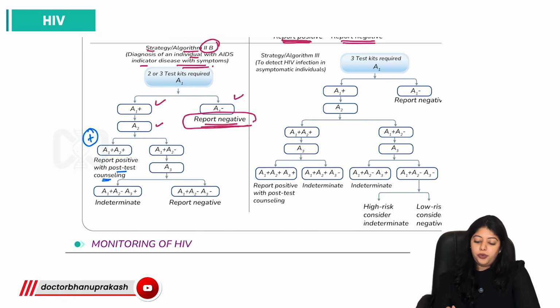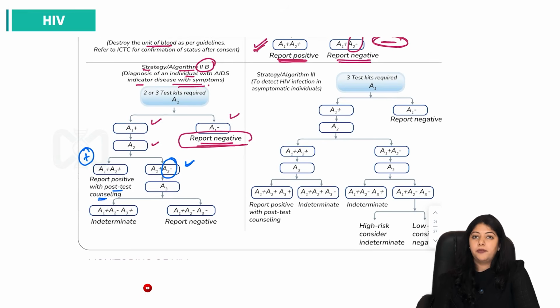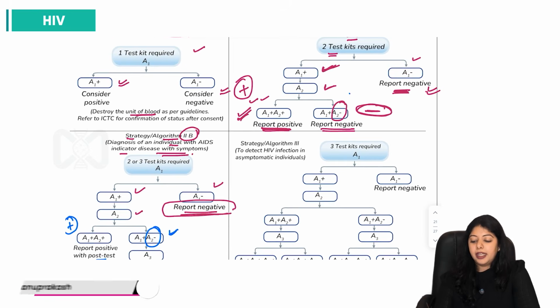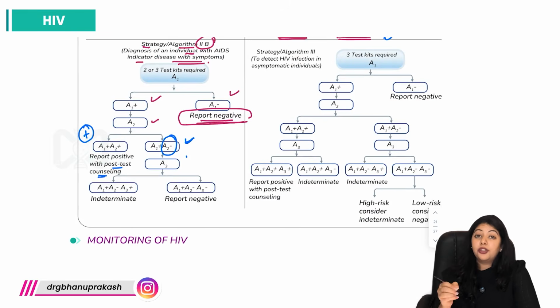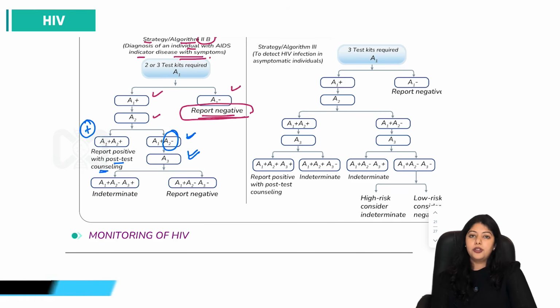And the case with the second test coming out to be negative, A2 comes out to be negative. In the previous strategy, when A2 came out to be negative, we reported the test as negative. But in this particular case, if A2 comes out to be negative, then we do the third test, which is A3 here. So now what is the result?